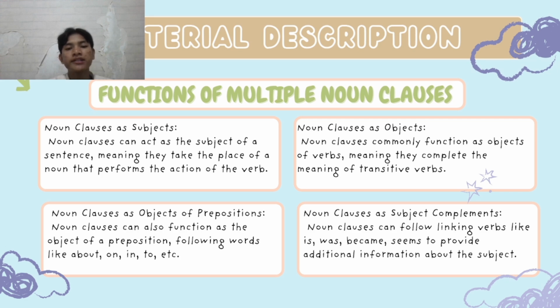Noun clauses can also function as the object of a preposition, following prepositions like about, on, in, to, at. 4. As subject complement. Noun clauses can follow linking verbs like is, was, become, seems to provide additional information about the subject.